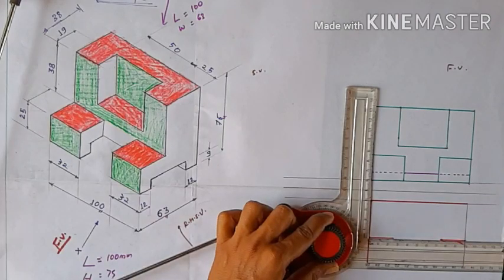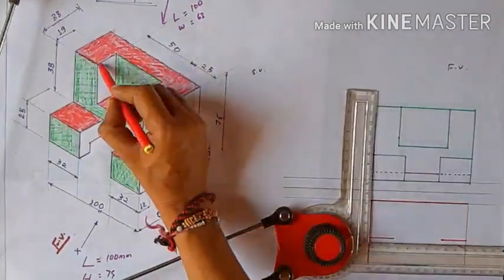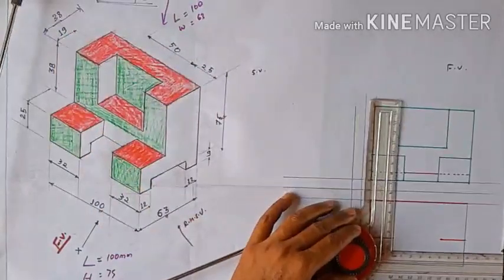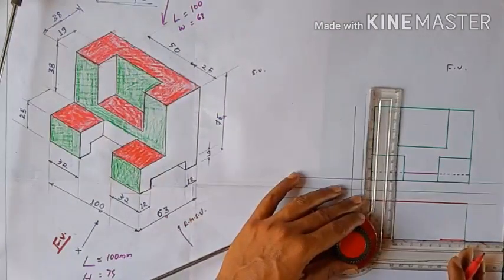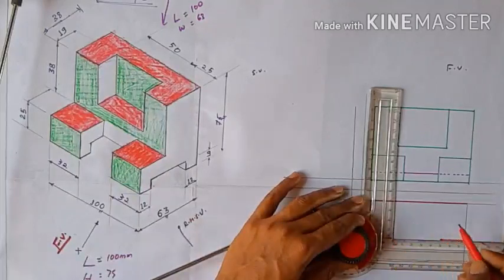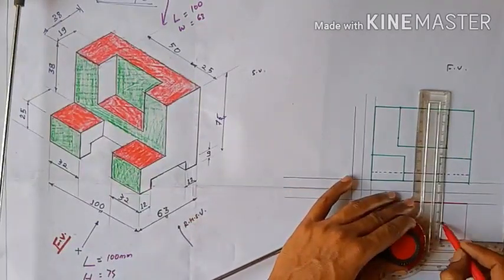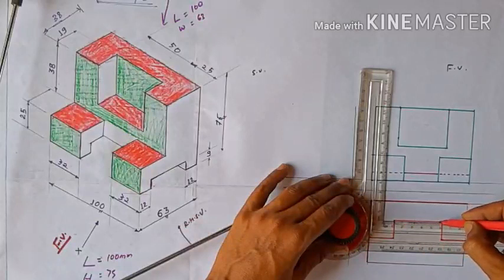Now this goes inside about 19 mm. So here we pull this line 19 mm backward. This is your 19 mm, and again this is your 19 mm, and make this line like this.